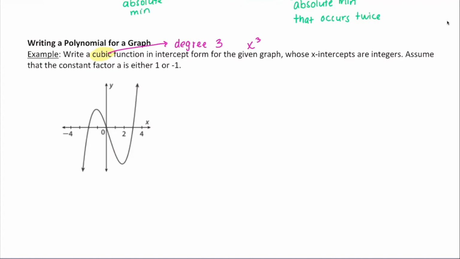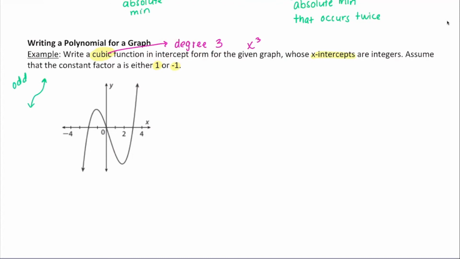The next thing that they tell us is that we are using our x-intercepts. And we are also deciding whether we have a positive or negative leading coefficient. So we already noticed that our degree is 3. So I need to look at the end behavior. So I notice my function is increasing. And this would be an odd degree.